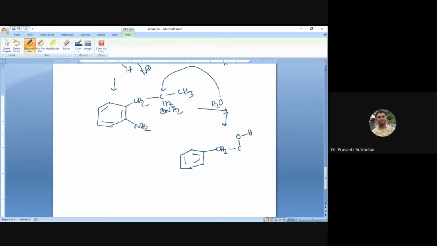Then it will convert into CH2, C, O, hydrogen positively charged, then CH3, NH2, then NH2. Now this oxygen will neutralize, then this nitrogen lone pair will take the H plus, as our aim is to remove the NH2 group.